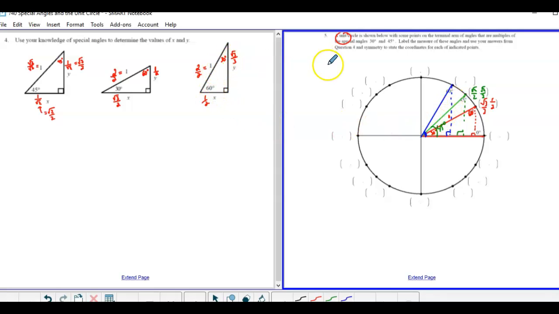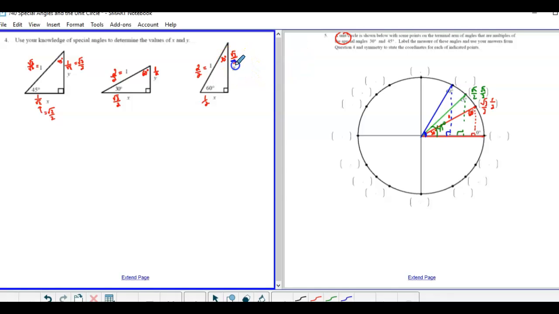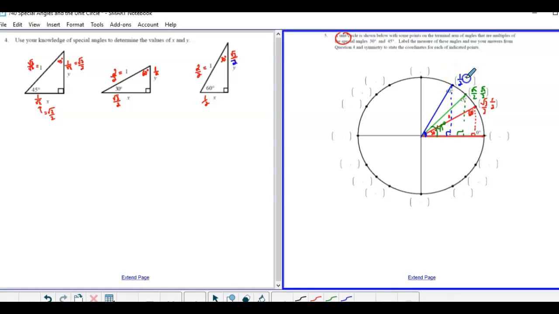So opposite is root 3 over, oh, did I put a 2 there? That should be a 2. Root 3 over 2. And the x should be 1/2. Okay, so x is 1/2, y is root 3 over 2. All right, and so those are your special angles, 30, 45, and 60.